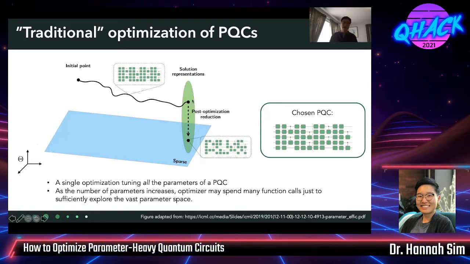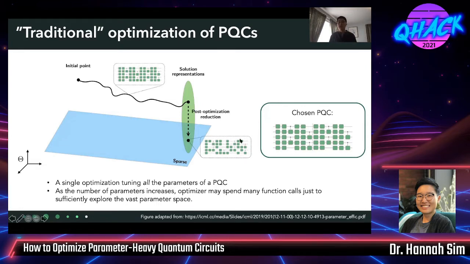And the hope is that you would terminate your algorithm within some solution representation, where maybe at that point you can do some post-optimization analysis or reduction in order to simplify your circuit and represent your circuit with fewer gate operations and circuit depth.